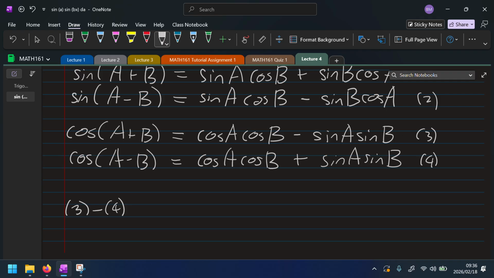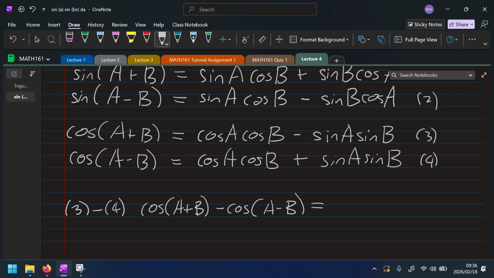So on the left-hand side, again, we take the difference. And on the right-hand side, cos A cos B minus cos A cos B, they cancel.